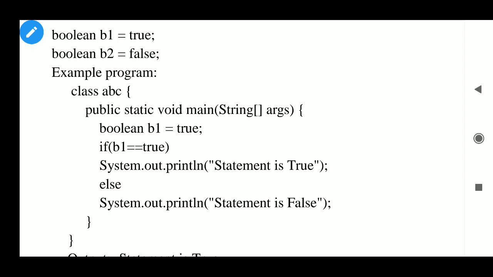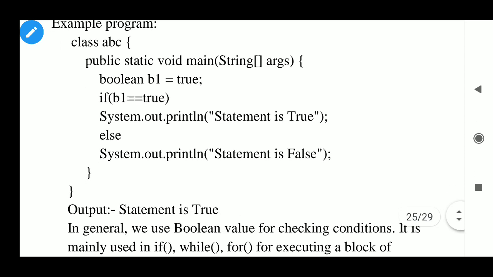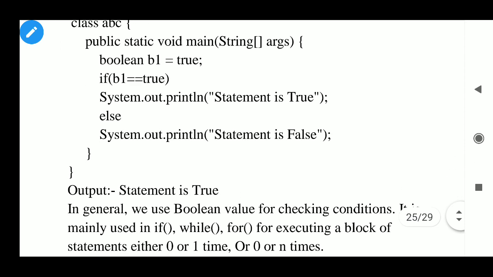If b1 == true, we are comparing it, the println statement is true, else the println statement is false. In this case b1 is true, so the condition will be true, and the output is statement is true.